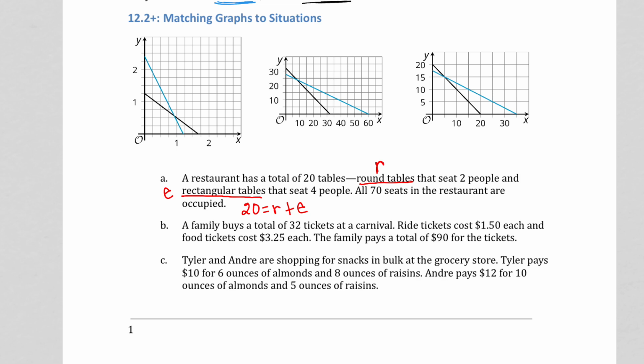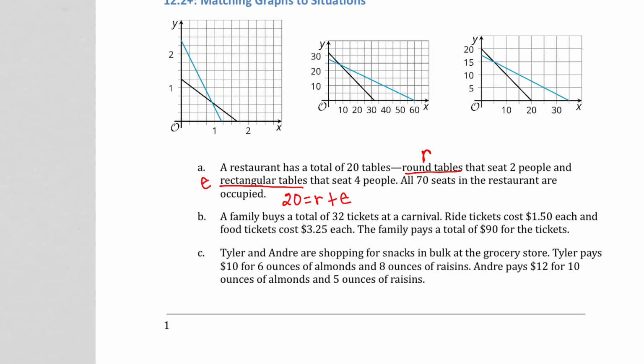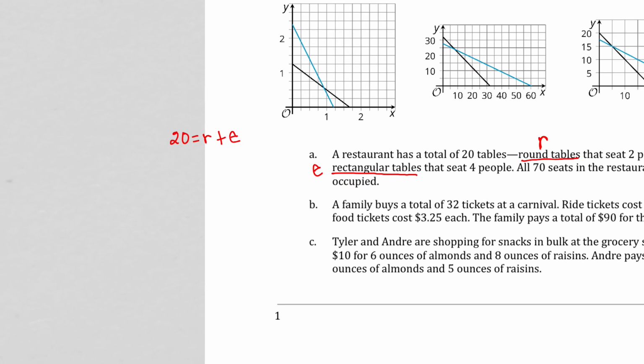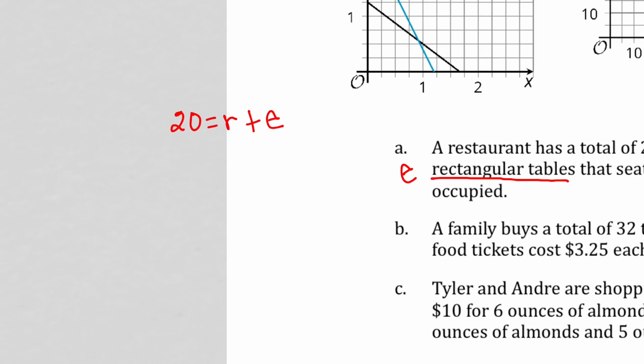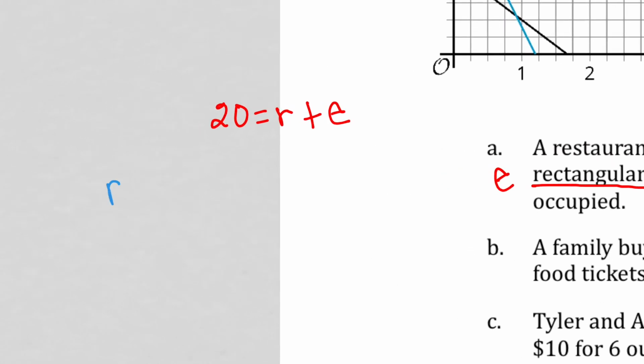So if I plugged in, I'm going to move this over here. You don't have to do this part. If I plugged in R equals 0, we would get 20 equals 0 plus E. What does E equal? 20.